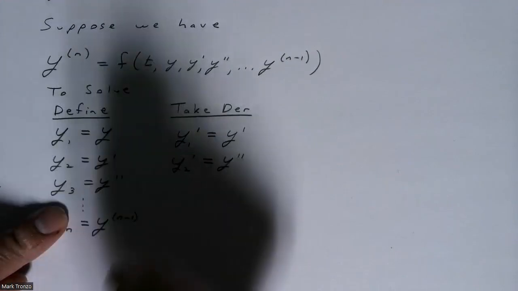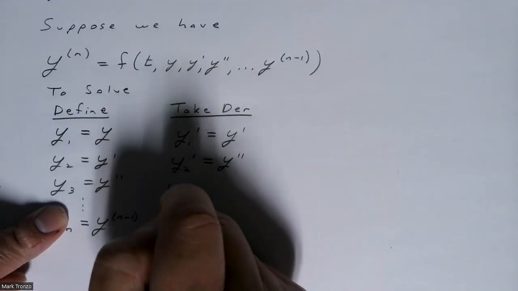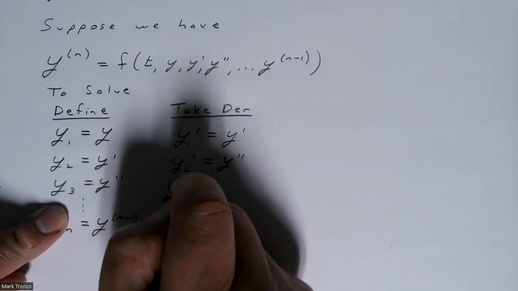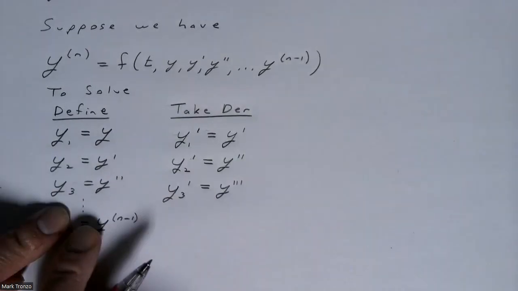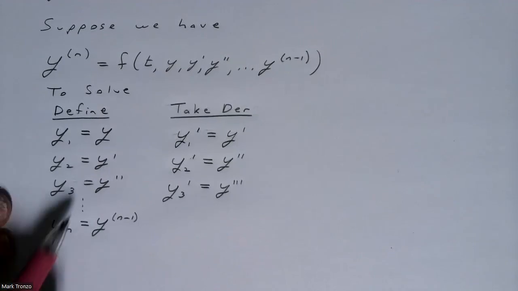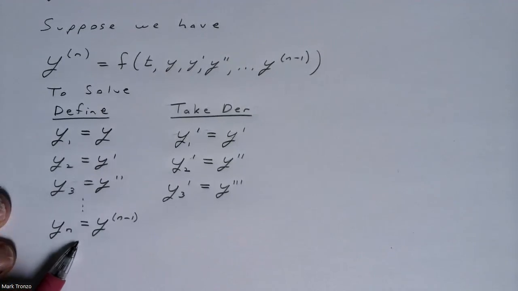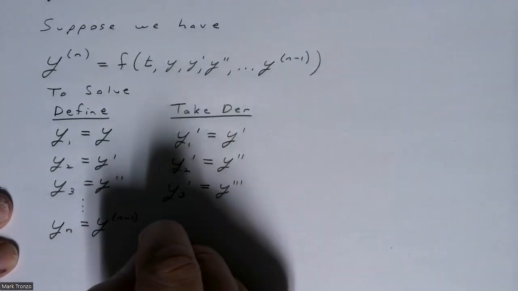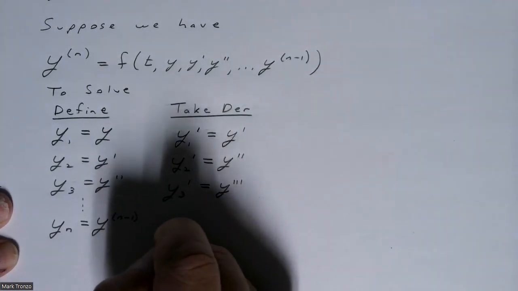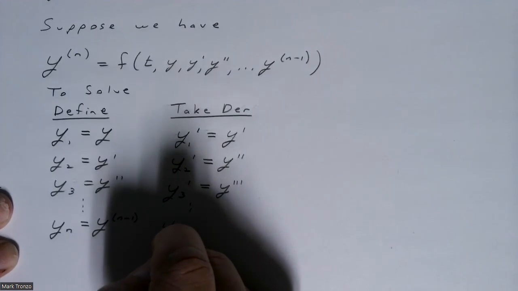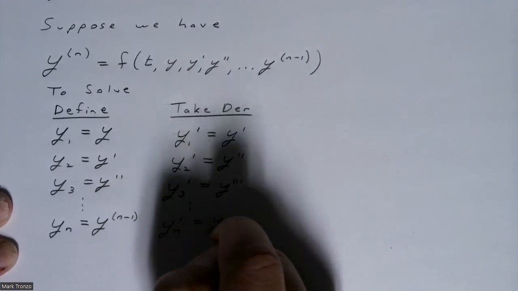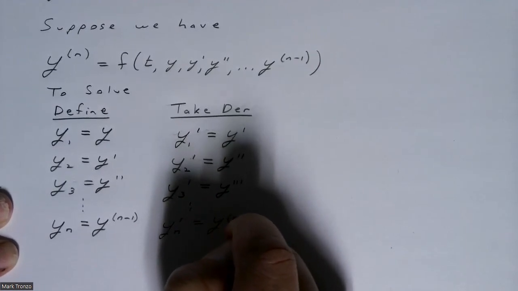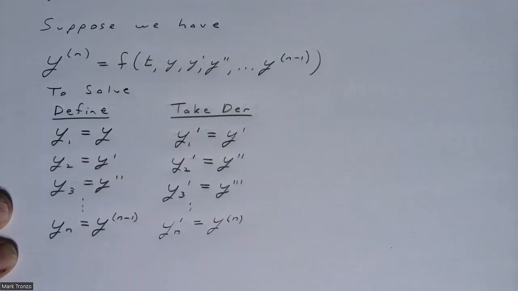Then take the derivative of both sides of this, y3 prime, y triple prime, and then go on as many derivatives as you have. And then the very last one, of course, will be y n prime is equal to another derivative here, which is going to be y to the n.